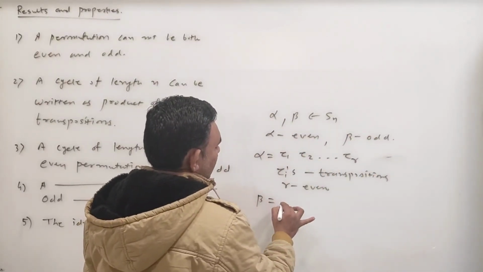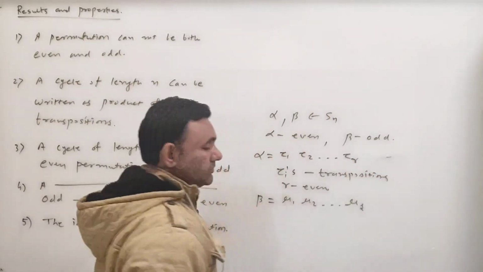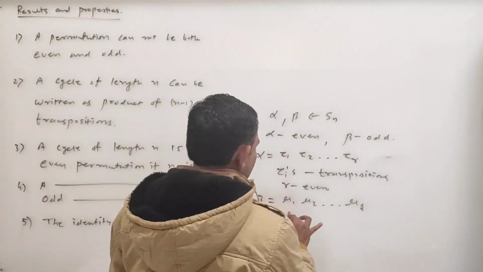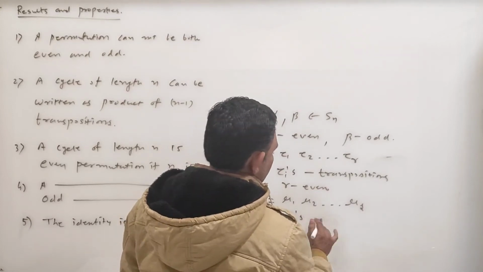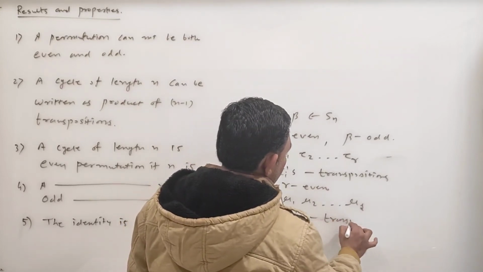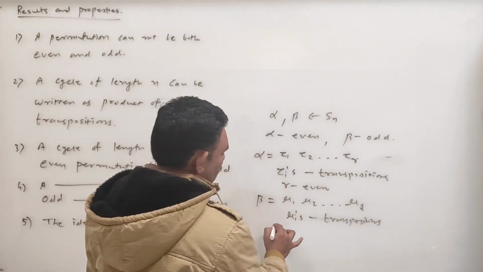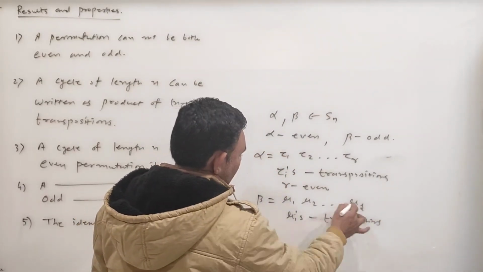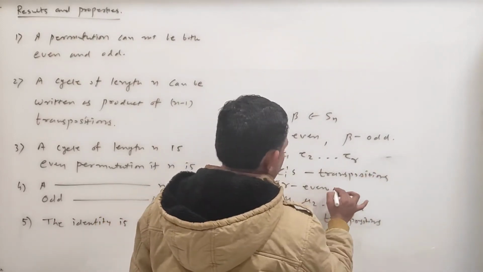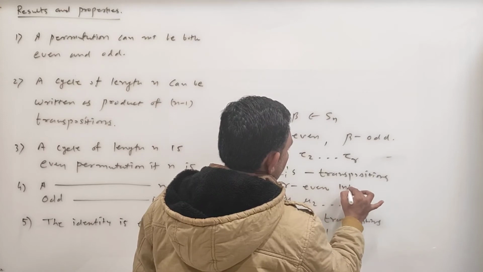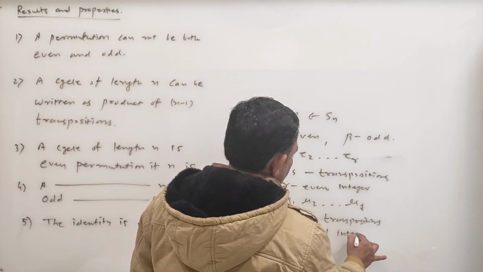So beta can be written as mu 1 mu 2 up to mu s, where the mu i's are transpositions, and this s will be an odd integer. Let me write here: r is an even integer and s is an odd integer.